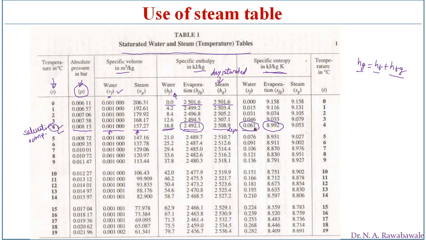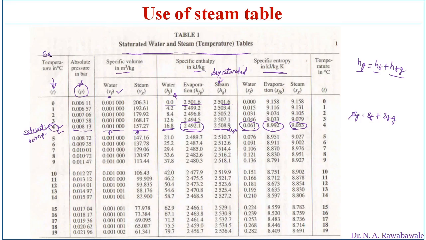So the sum of Sf plus Sfg is Sg. This is the entropy of dry saturated steam. Sg is equal to Sf plus Sfg.